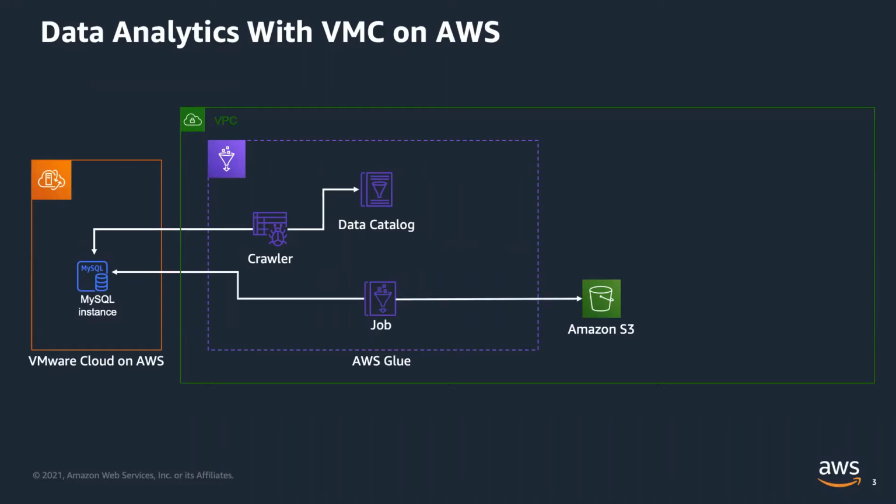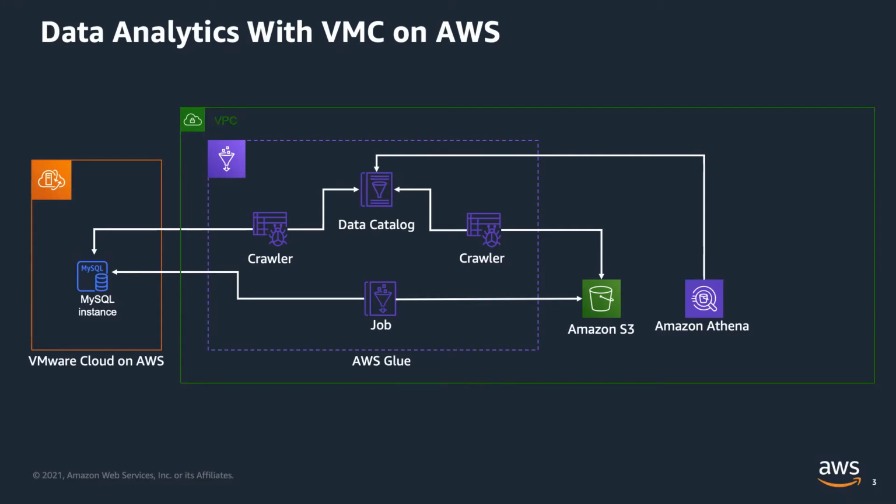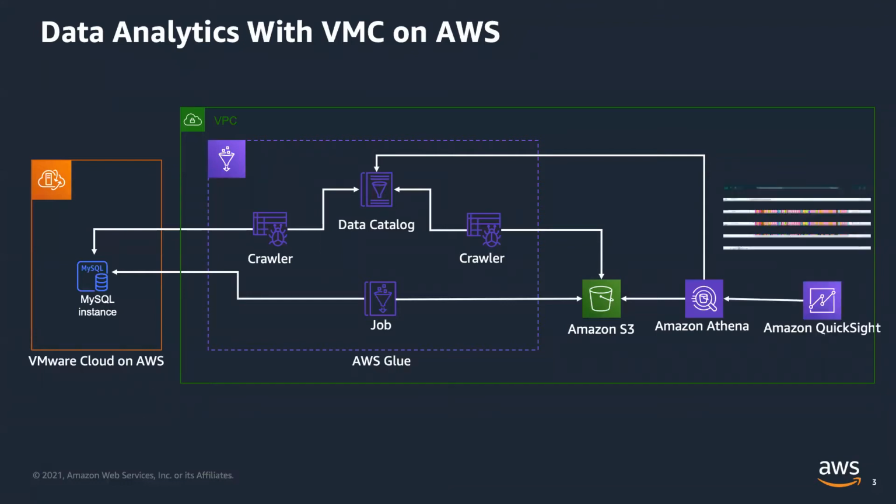Once that is done, we'll run another crawler to change the format and make it compatible to run Athena queries on that, and we'll pull the data again from the same data catalog. Then we can connect QuickSight to that and use QuickSight to draw some meaningful data out of that.